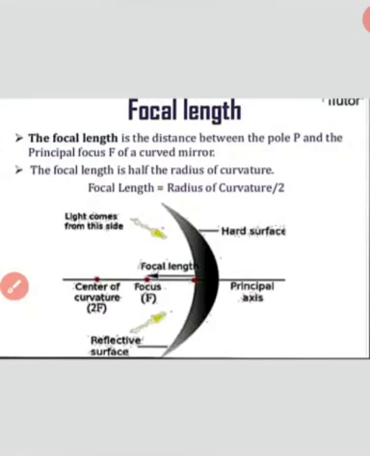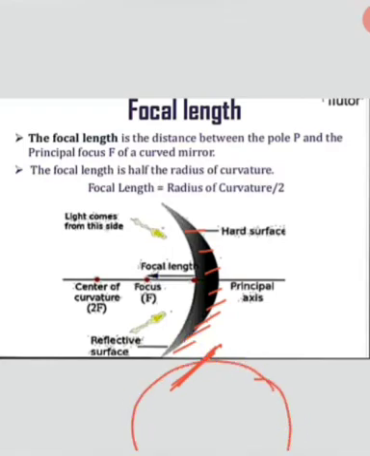Let us understand with this diagram. If we take it as a concave mirror, this part is shaded, meaning the inner part behaves as the reflecting surface, and if we consider it as a part of a hollow sphere, then it has some center.